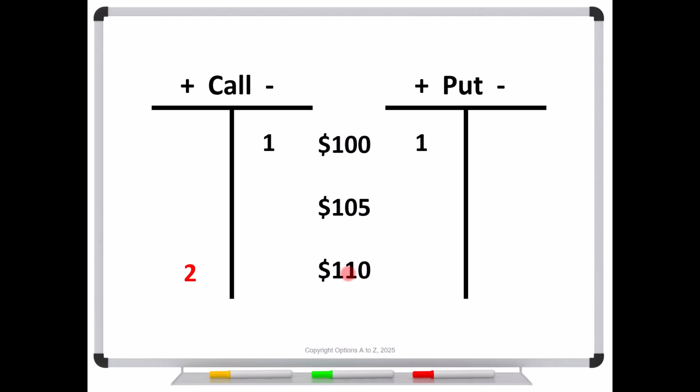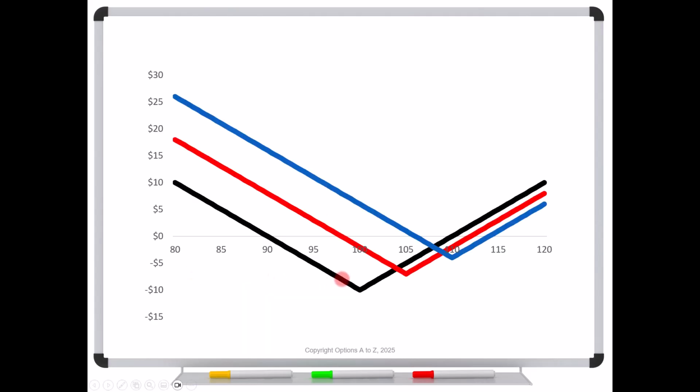But as you'll see in a moment, because of these credits that we're getting from selling off two spreads, we're just walking that vertical spread up. So now I'm going to go from the red line at 105 to the blue line at 110. And as we continue to do this, we will eventually, hopefully, walk this straddle above zero. Now, as you'll see in a moment, what if the stock falls? We're going to do the same thing in reverse.